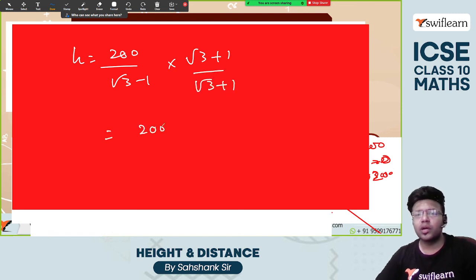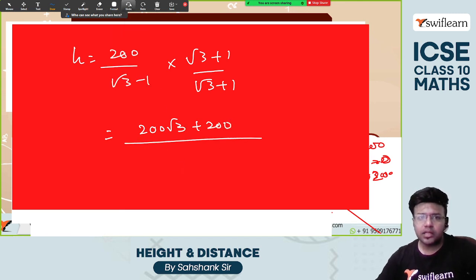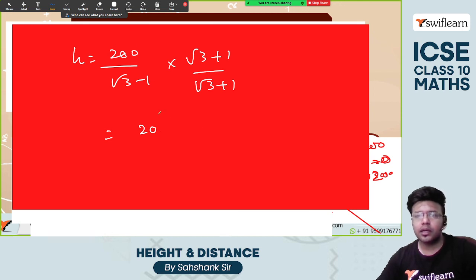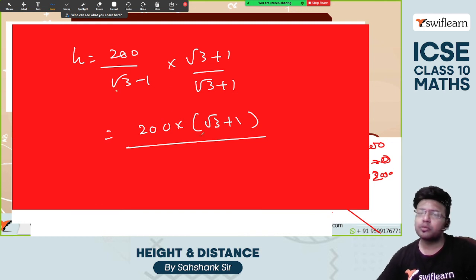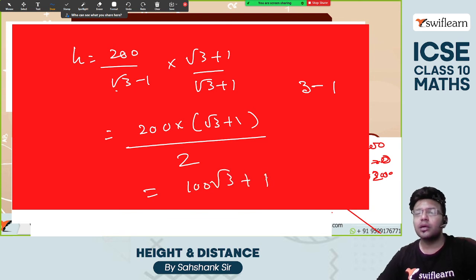So we have 200 into square root 3 plus 1 divided by a minus b into a plus b, which is a square minus b square. Square root 3 square is 3, minus b square, which is 1. 3 minus 1 is 2. So divide by 2. This is 100 into square root 3 plus 1 in the bracket.